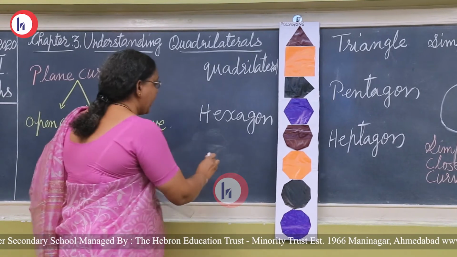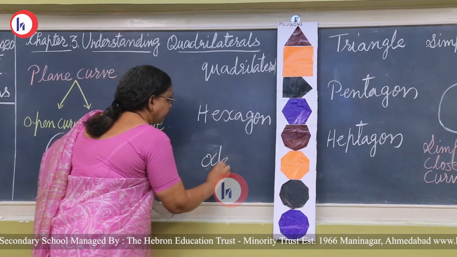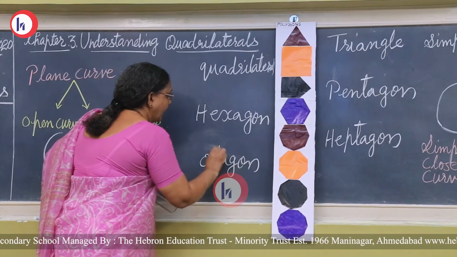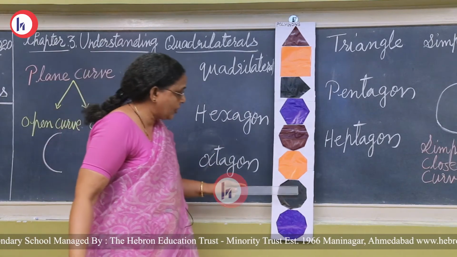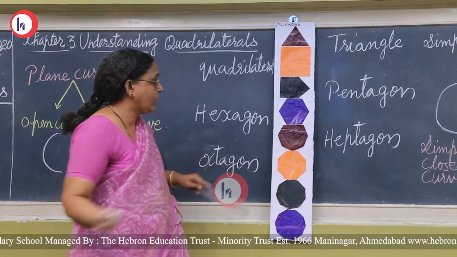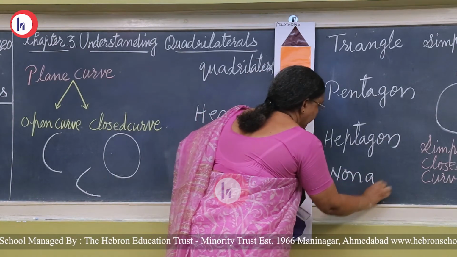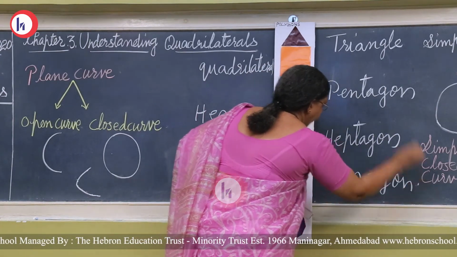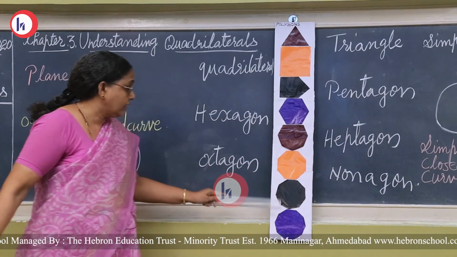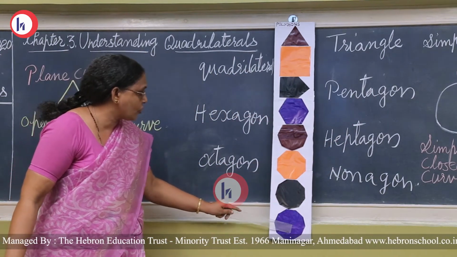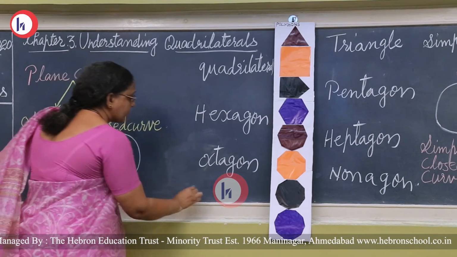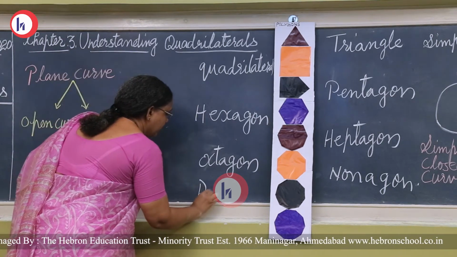So it is known as an octagon. Then the next, 9, we call a nonagon. Then a 10-sided polygon is also there, known as a decagon.